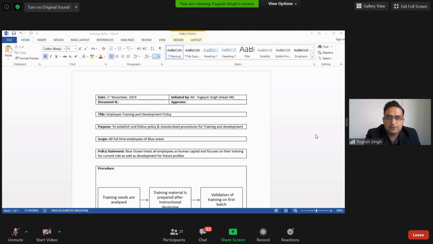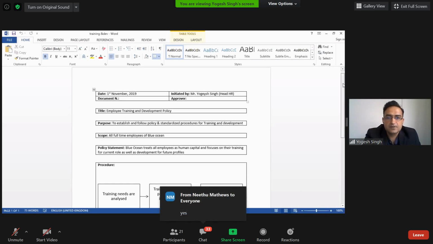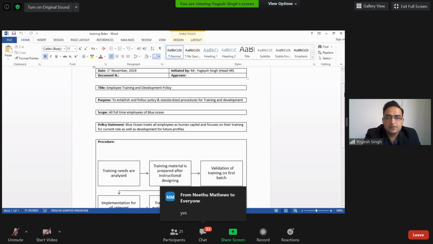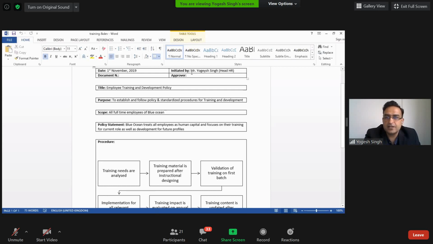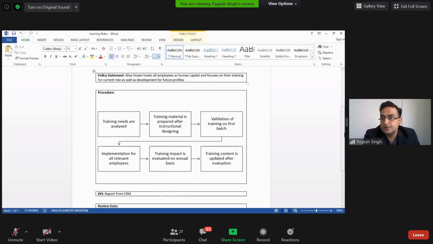You can take a picture of it if you wish. So there is a date, initiated by whom, approved by whom, and if you have a document reference number, it can be there. Employee training and development policy, purpose, scope, policy statement. Okay. Then there is a procedure.